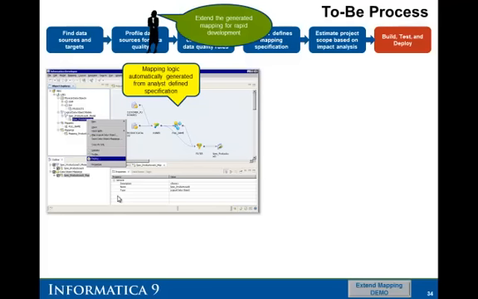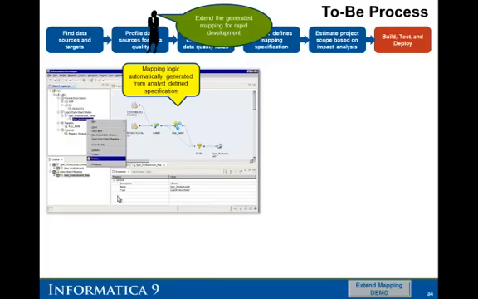And not only that, the developer can use this as what I'll call a read map to feed a logical data object that can be accessed through that data virtualization layer and deliver the data in any way, whether it's through SQL, a web service, or a batch ETL process.